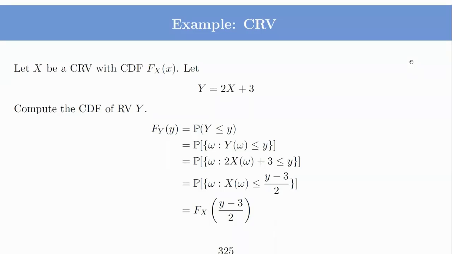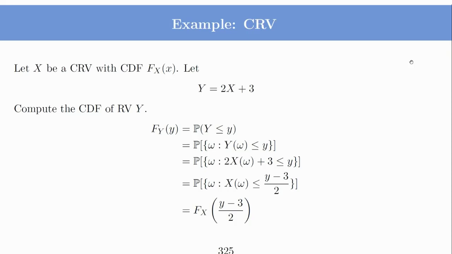So this is the probability of all outcomes such that y omega is less than or equal to y. Now we know that y omega is 2x omega plus 3. So this is equal to the probability of all omega such that 2x omega plus 3 is less than or equal to y. Now you can also write this as the probability of all omega such that x omega is less than or equal to (y minus 3) by 2.